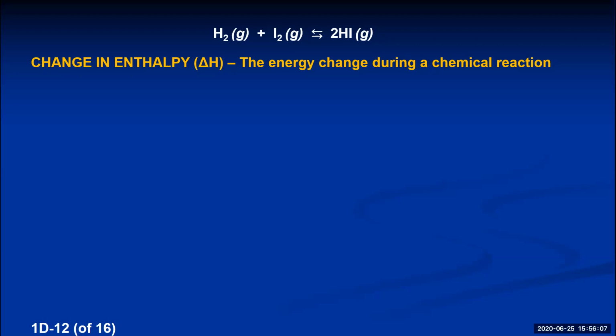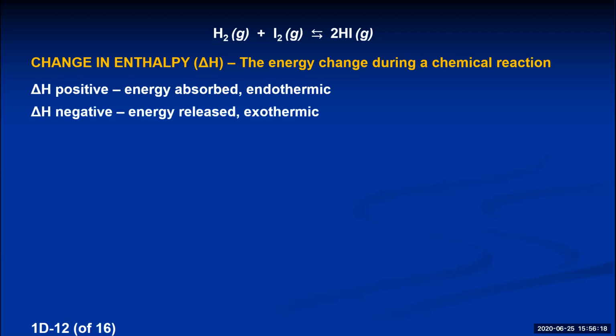But an important point about enthalpy changes is if the enthalpy change is positive, that means the reaction absorbed energy, so it's therefore endothermic. If the enthalpy change for a reaction is negative, that means energy is released and the reaction is exothermic.